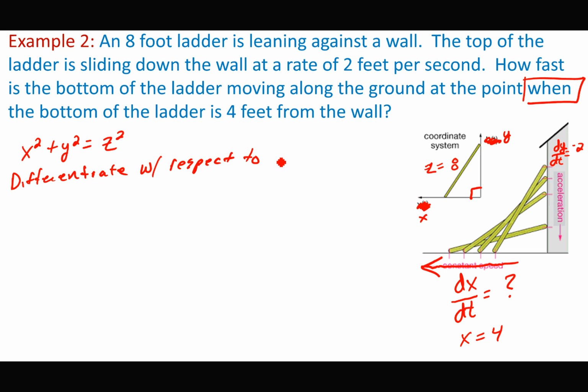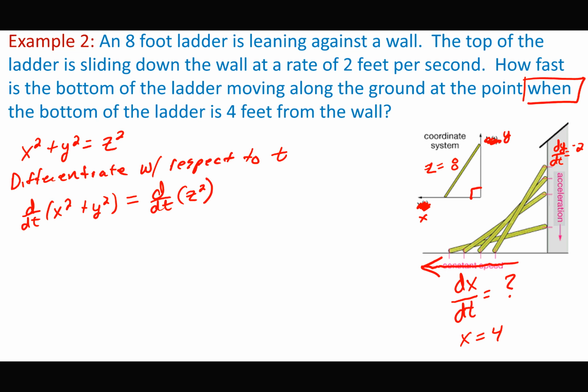Nope. Don't do anything yet. Okay. All right. So d/dt of x squared plus y squared equals d/dt of z squared. Because if you put the number in, Zach, when you do your derivative, well, depending on where it's at, if it was like a number plus, then you would eliminate that number from your calculations.